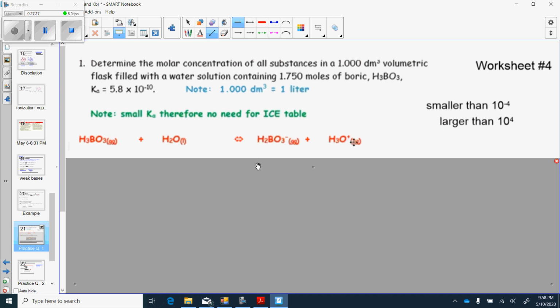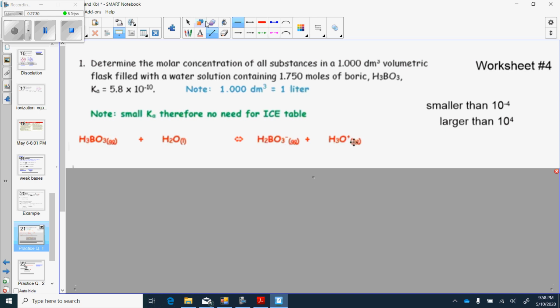All right, so if we're going to underline what we're looking for here, we know our volume, 1 liter. We know our moles of our starting acid, so that's also molarity. So we know the molarity of our acid. We know our Ka, perfect. And we're looking for the concentrations of all of these things.